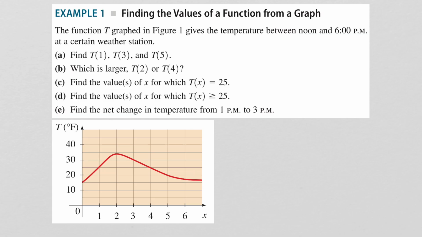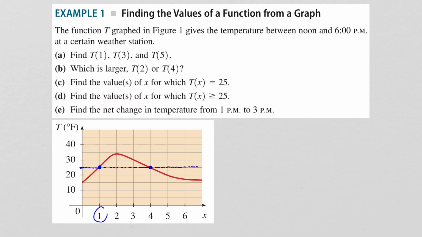For the next part, it says, find the values of x for which T of x is equal to 25. In other words, at what time of the day is the temperature equal to 25? So if we go to our graph here, we can see that the temperature equals 25 right here. And if I trace this across, we can see the graph attains that value at 2 different times.